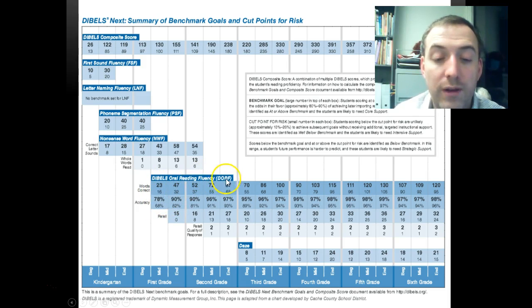So if we're looking at the oral reading fluency, if you're at or above the first number, then you are above the 20th percentile. If you're at or above the second number, then you are above the 16th percentile. So if you're below 23, that means you're below the cut point, and therefore you are below the 20th percentile. If you're below the second number, then you are below the second cut point, which means you're below the 10th percentile.